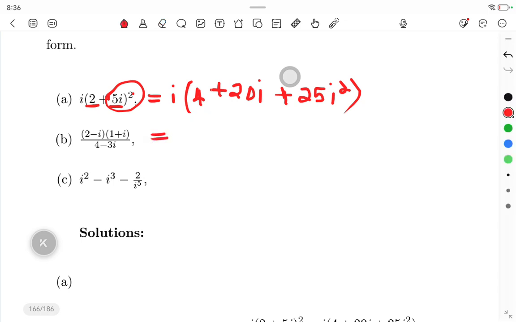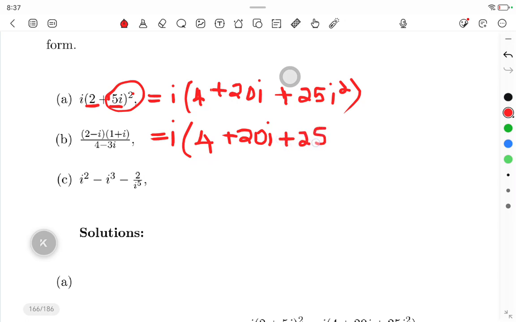So I'm sure we've seen now, when we're trying to compute, it will be much better if I come here and say that this is going to be 4 plus 20i plus 25 minus 1, which is also 4 minus 25 plus 20i, also plus 21 plus 20i.